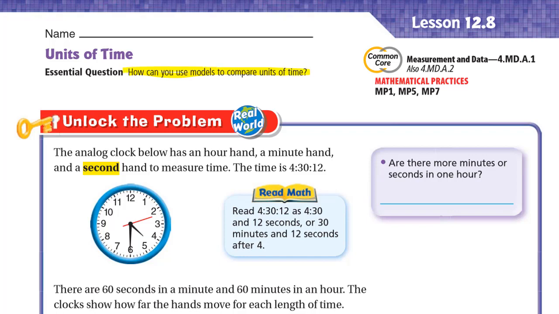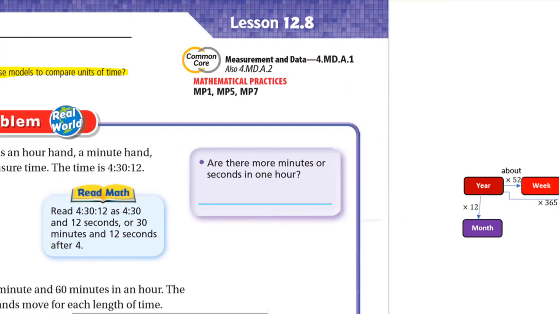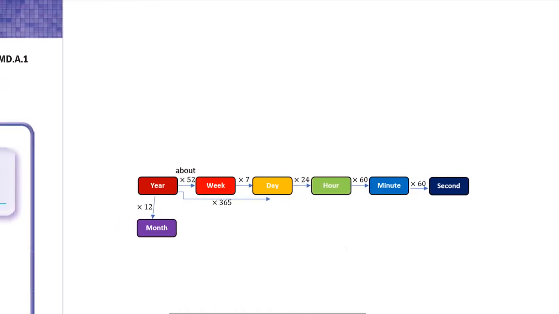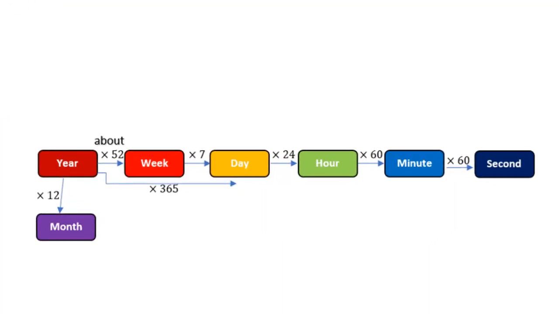Okay, so for time we have a lot of units. We have days, weeks, years, months, minutes, seconds, a lot of units. So before we start, I put these all in one chart as you see. From year to week, from year to day, from year to month.